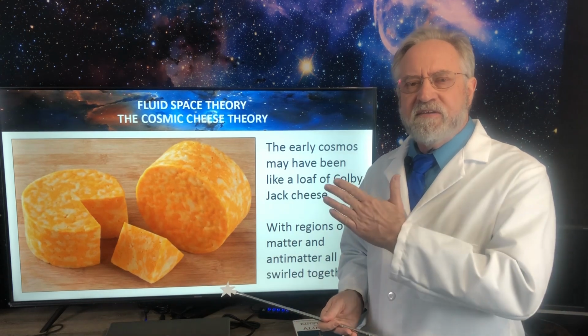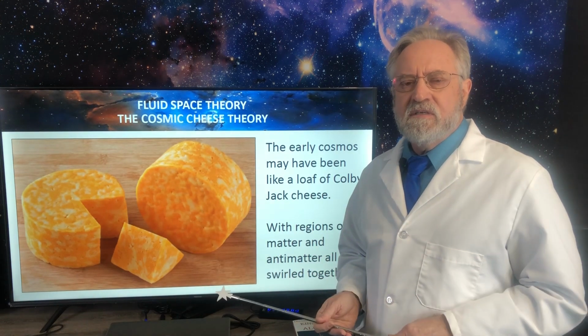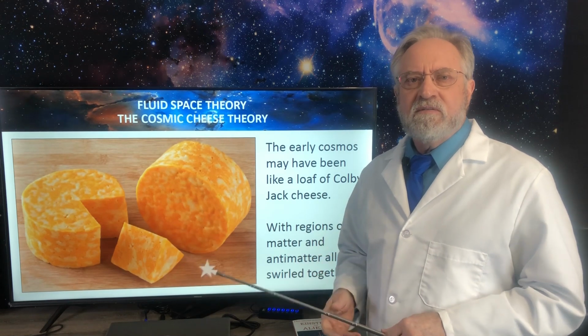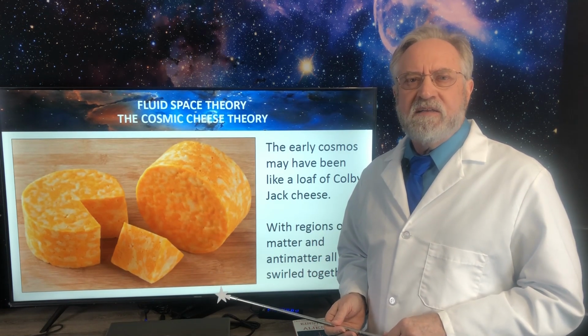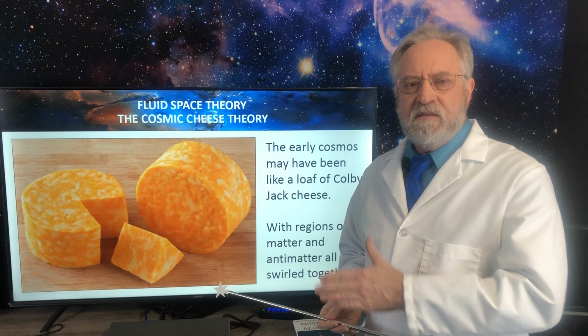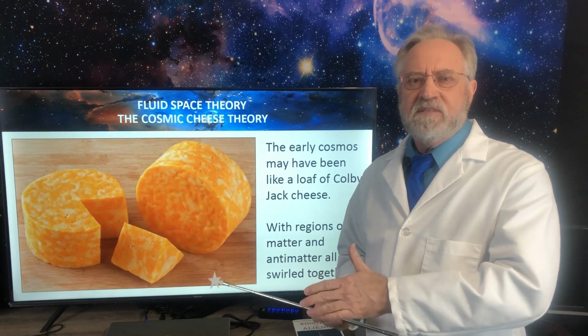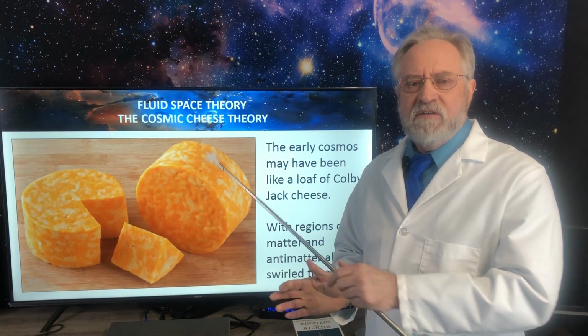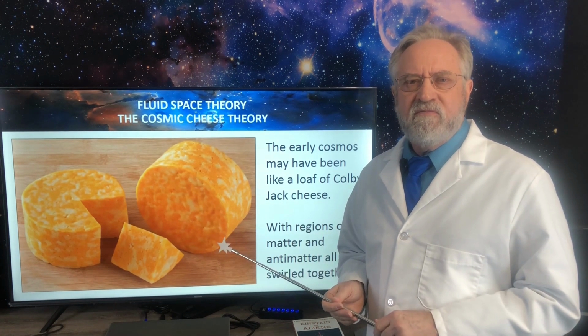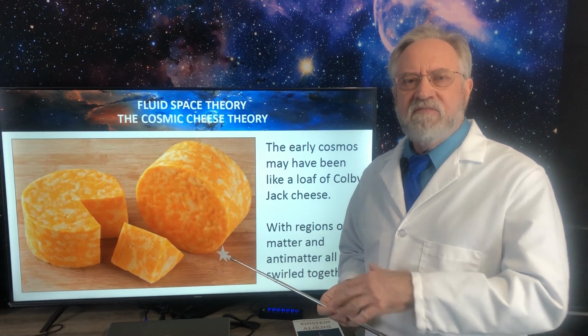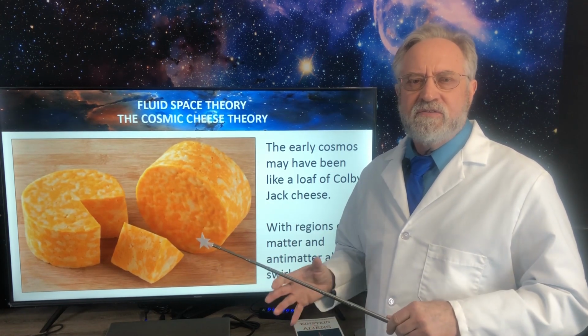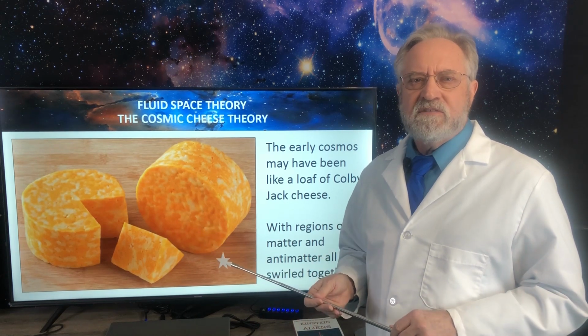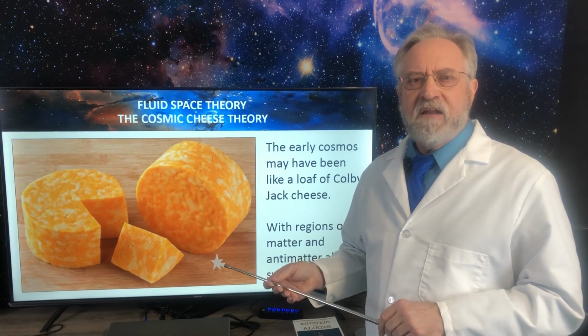And between these areas there would be sheets, boundary layers where particles would still be annihilating, and that would create a photon sheet basically that would tend to push the rest of the matter away from the barrier, and eventually the universe would settle into a stable system of matter and antimatter.